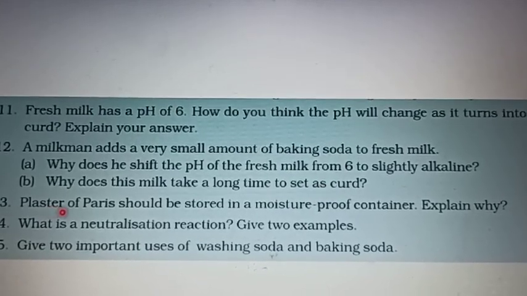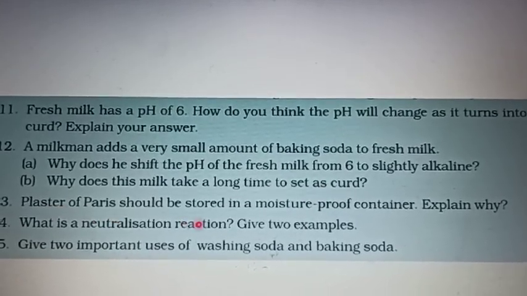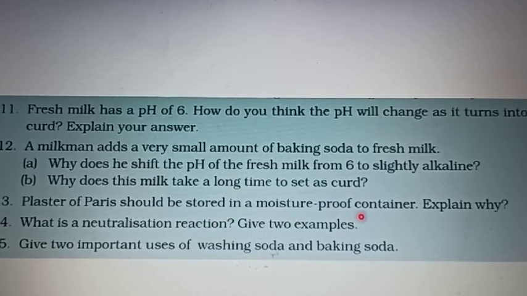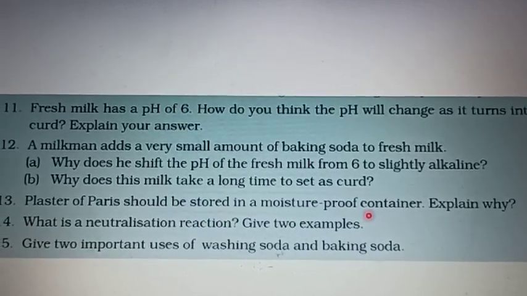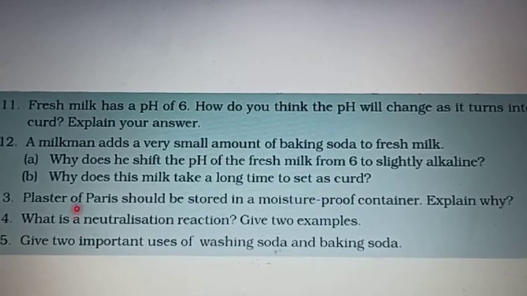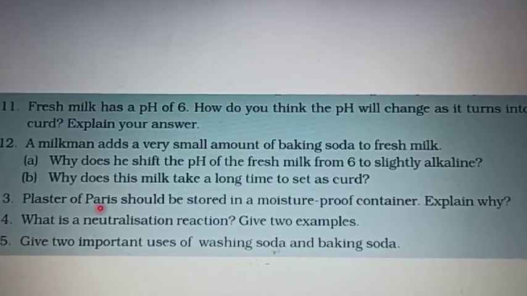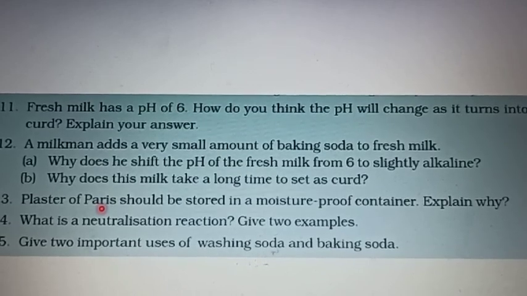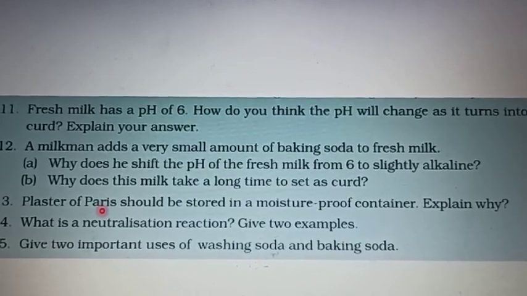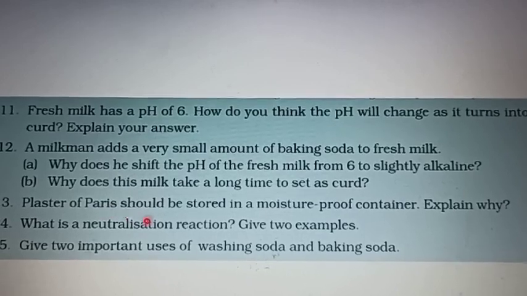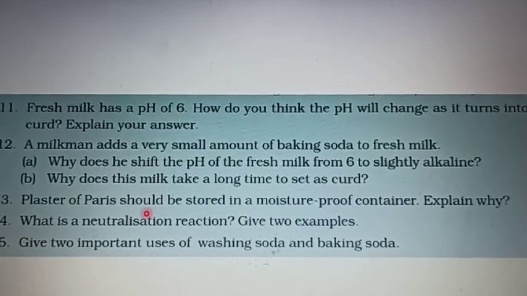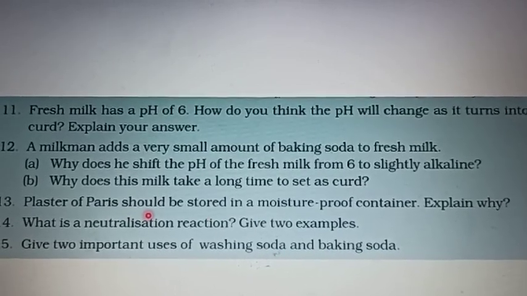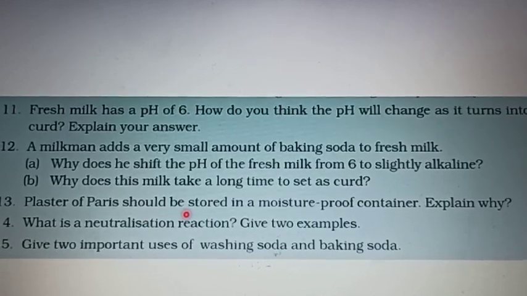Question number 13. Plaster of Paris should be stored in a moisture-proof container. You have done this, that plaster of Paris is calcium sulfate hemihydrate. And when water is added to this, it changes to gypsum, that is calcium sulfate dihydrate, CaSO4.2H2O.